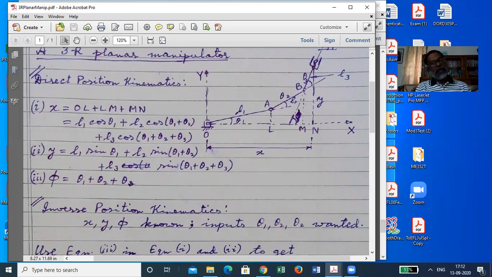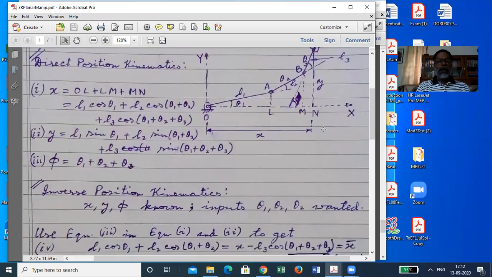So that would be minus 18, minus 19. So this configuration, which has been shown in this sketch, is called the elbow down configuration, and that other configuration is called elbow up configuration. Both are valid. In both the configurations, we can reach here, and therefore this can go wherever it is.